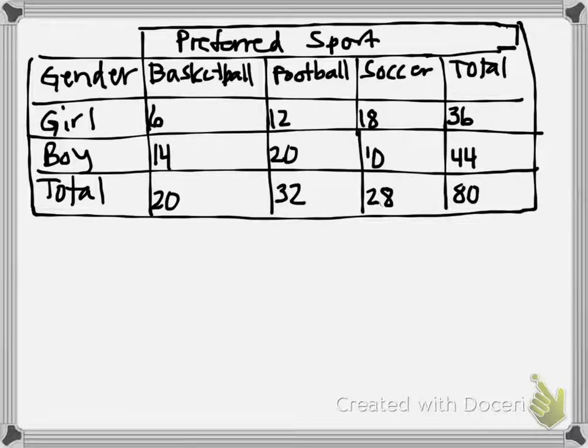So if I do girl and basketball, and I want to compare it to people who like basketball, I would be doing this calculation. I would have girl and basketball is a 6 out of 20 people who liked basketball.